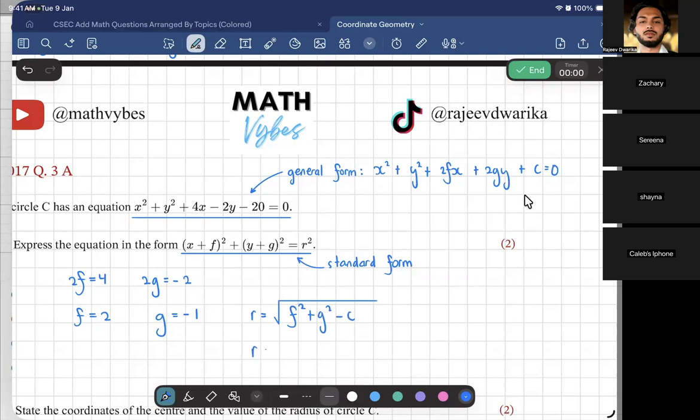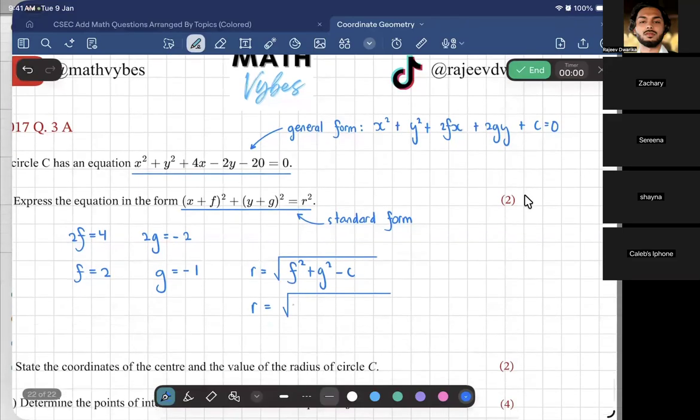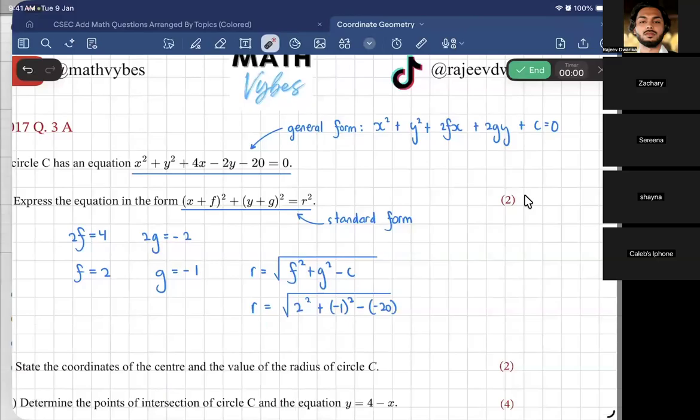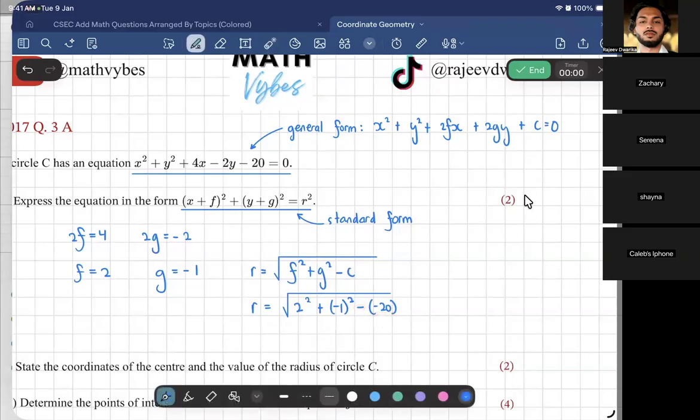Perfect. What is F? 2. So 2 squared plus (minus 1) squared. Since it's a negative number, we'll put it in brackets. Minus C, so minus 20. If you compare it, what exactly is C? C is minus 20. So it says minus C, so minus whatever C is. C is minus 20, so minus minus 20.